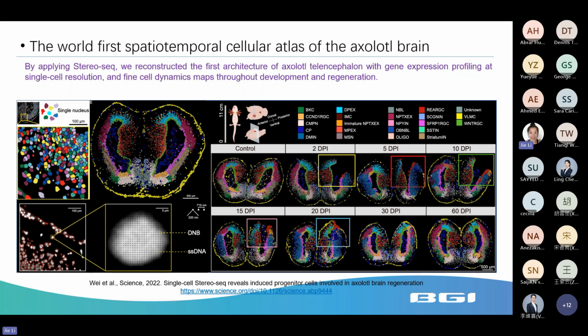The spatial structure of the development stage 57 and the regeneration stage 15 days after the injury has high similarities. In the comparison of developmental and regenerative neurogenesis, the analysis reveals that the maturation of neurons in both development and regeneration follows a similar trajectory.